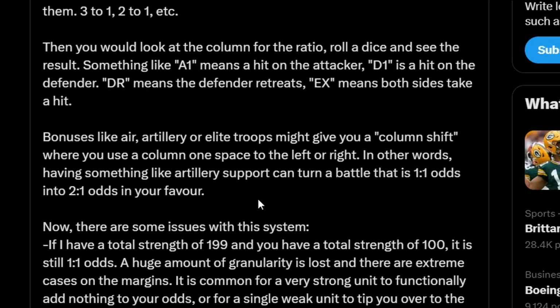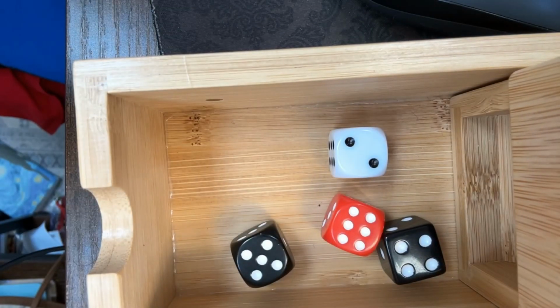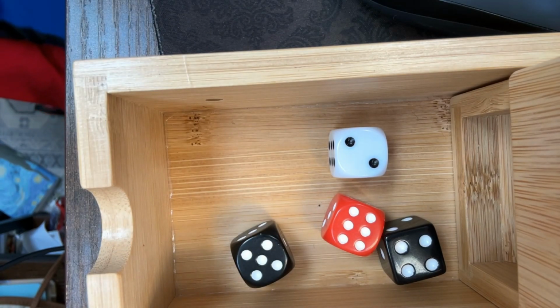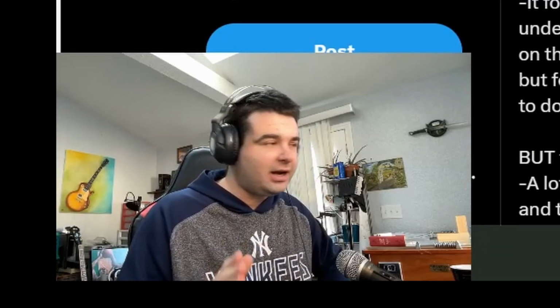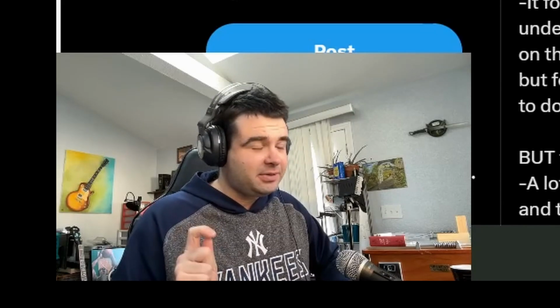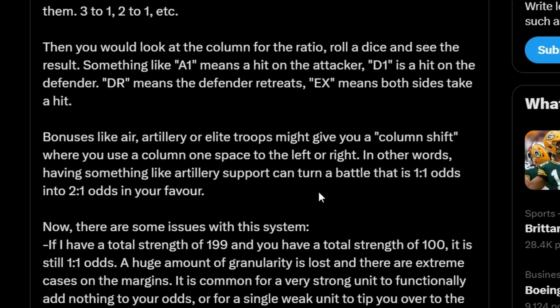Bonuses like air, artillery, or elite troops might give you a column shift, where you use a column one space to the left or right. That is one of the favorable things about a CRT, that you can just shift columns instead of using a lot of dice roll modifiers, DRMs. But that is not to imply that other dice mechanics cannot be used in tandem with CRTs, and they often are. Most CRT systems do also use dice roll modifiers.